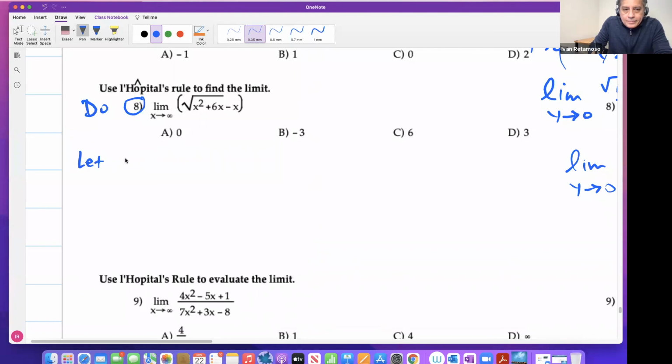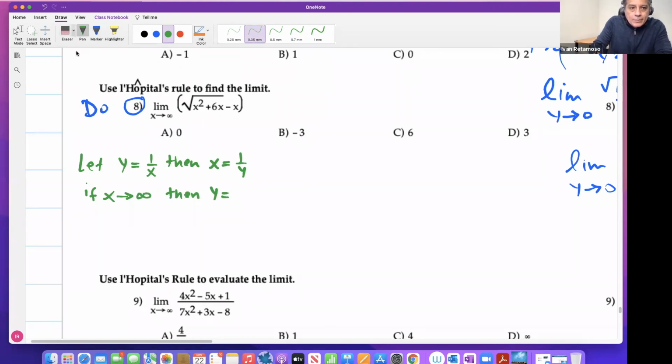Let y be 1 over x. Let's use a different color so we can follow this. Then x is 1 over y, and if x approaches infinity, then y, since this is the reciprocal, approaches 0. Use this and redo this.